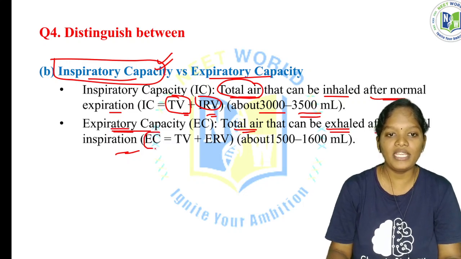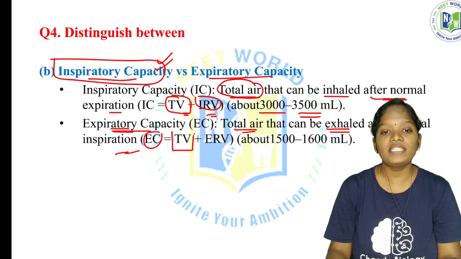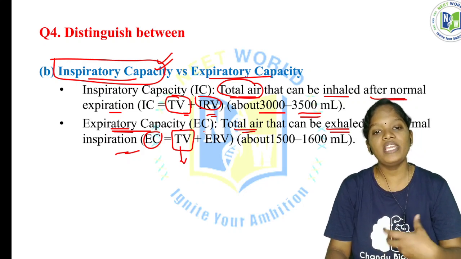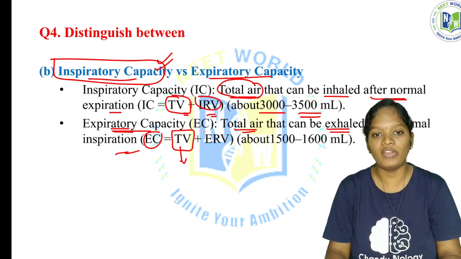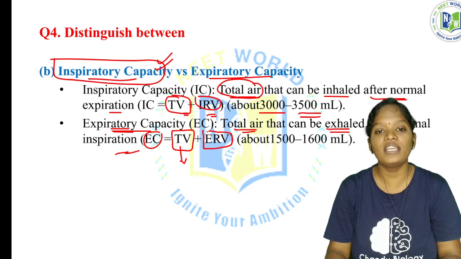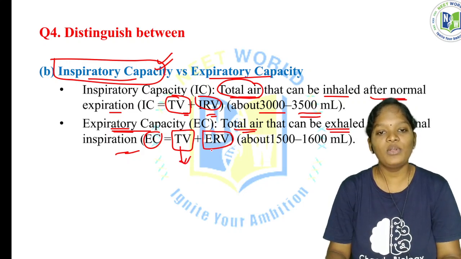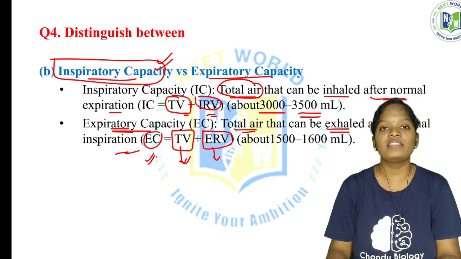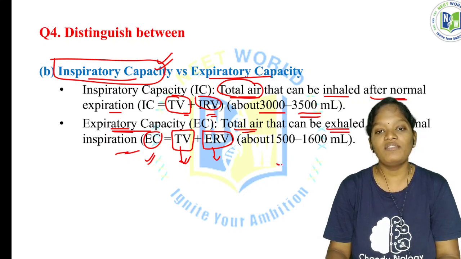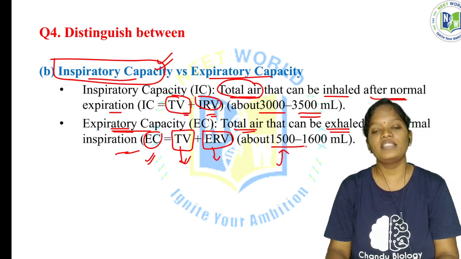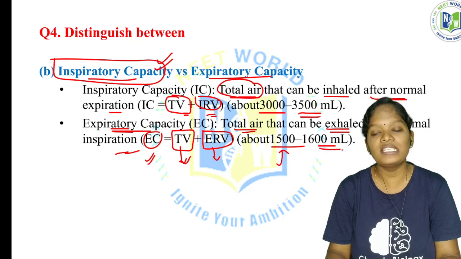Expiratory capacity is the tidal volume, which means a normal expiration, plus, even after the normal expiration, the extra amount of air we forcefully exhale, which is called the expiratory reserve volume. Whenever we add this tidal volume and expiratory reserve volume, we call it the expiratory capacity. In numbers, that is 1500 to 1600 ml.